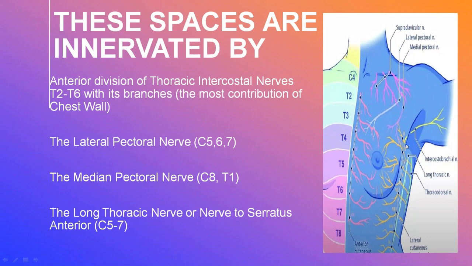These three nerves come from the brachial plexus. Another most important branches of the thoracic intercostal nerve are the anterior cutaneous and the lateral cutaneous. We need to know this nerve supply and the nerve area, because we have to block these nerves.